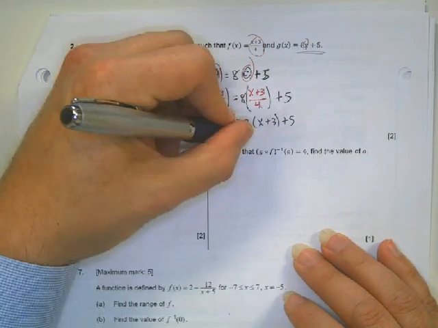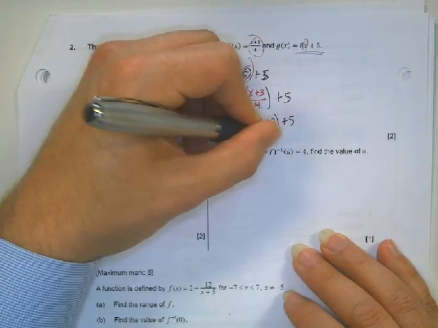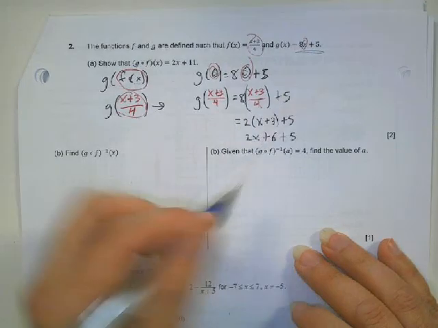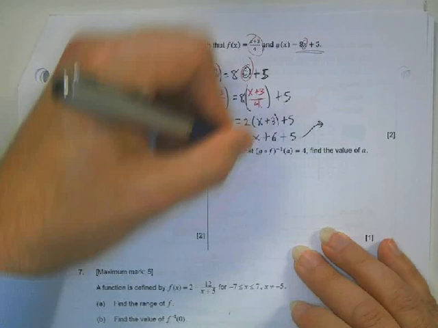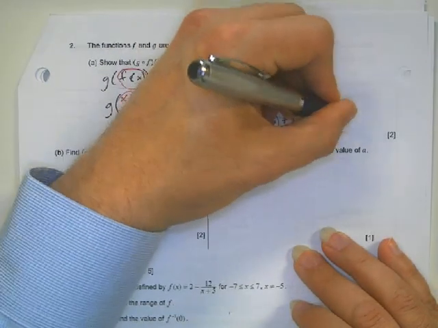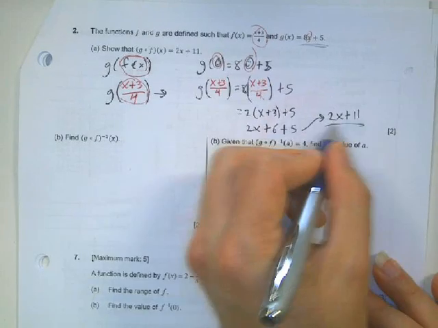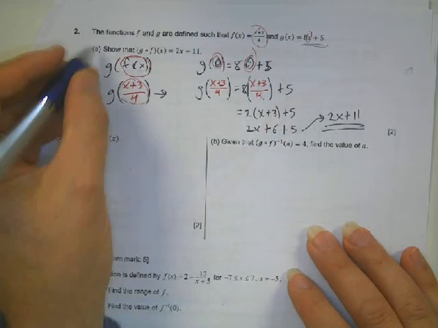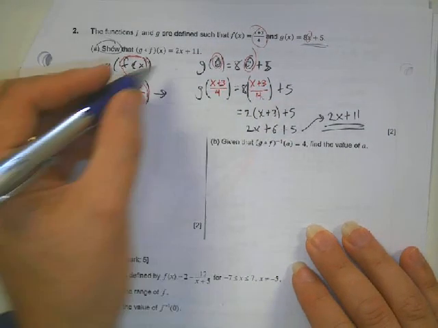I get 2x plus 6 when I do the distributive property. And now I can simplify this, and I get 2x plus 11. Okay? And now I have shown that this is what we get.